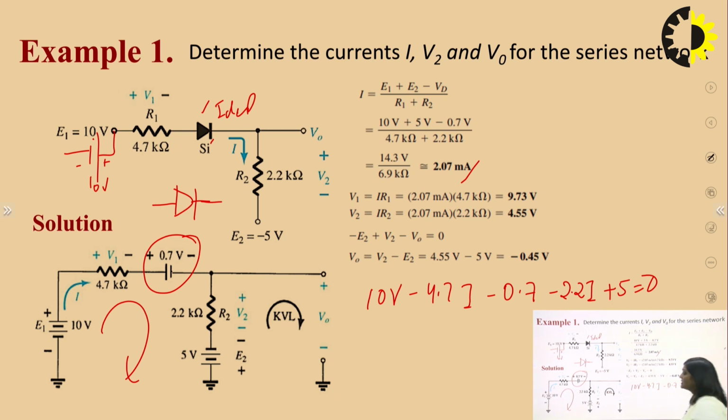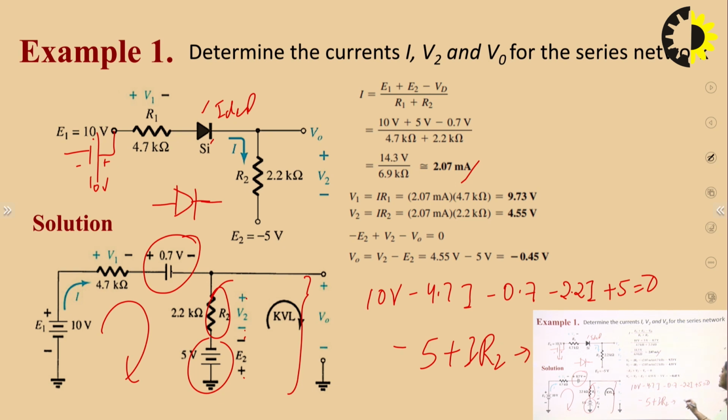After that we can find the value of V1 by multiplying this I with 4.7, and for V2 this 2.2 kilo ohm will be multiplied by 2.07, and the output is across this much. So this voltage and this voltage both will make up the output voltage. We can see this is plus minus minus plus. So the total output will be minus 5 plus IR2, which is equal to minus 0.545 volt.